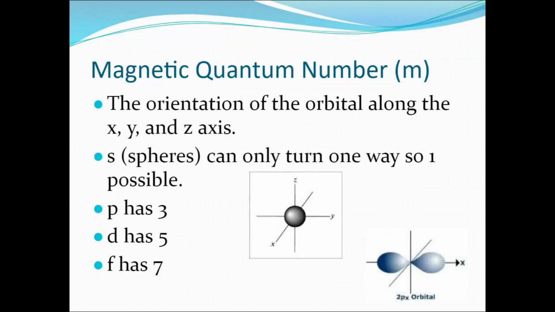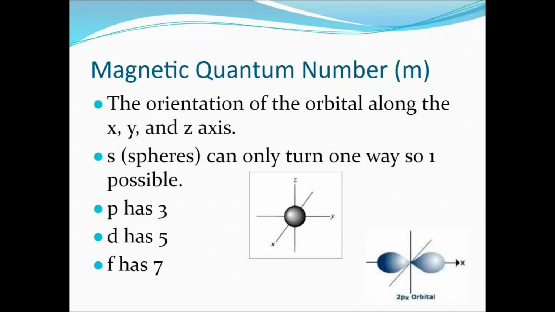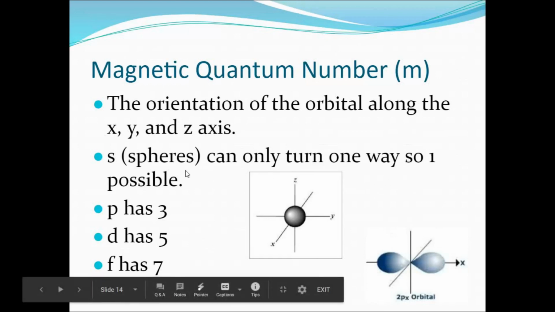The next quantum number is the magnetic quantum number, and this just depends on how many different ways we can turn those different shapes. If I turn the sphere, it's not going to look any different. So there's only one possible orientation for the S shape, so we can only have one S shape.